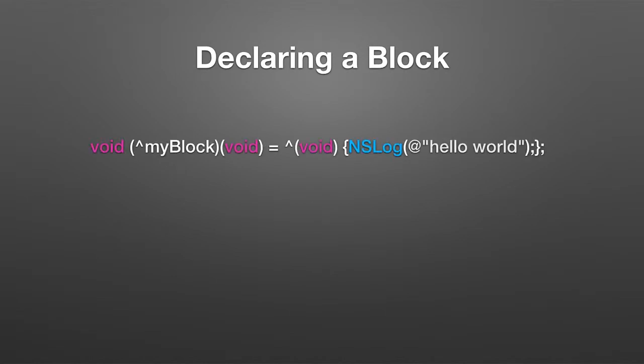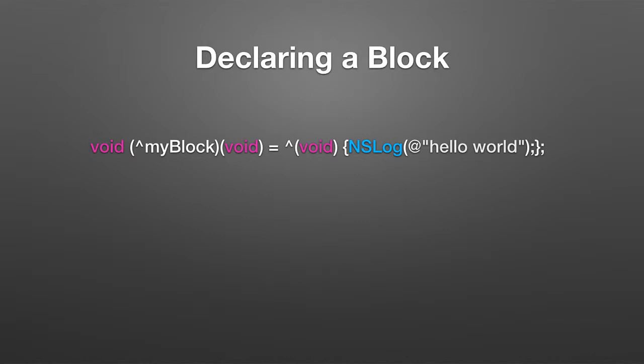So what's the syntax? Well, it's a little bizarre. This is the simplest possible block definition you could have because it returns a void and nothing gets passed in. You'll notice the caret syntax. The block name is myBlock. So on the left-hand side, we're declaring a variable. It doesn't take any parameters.